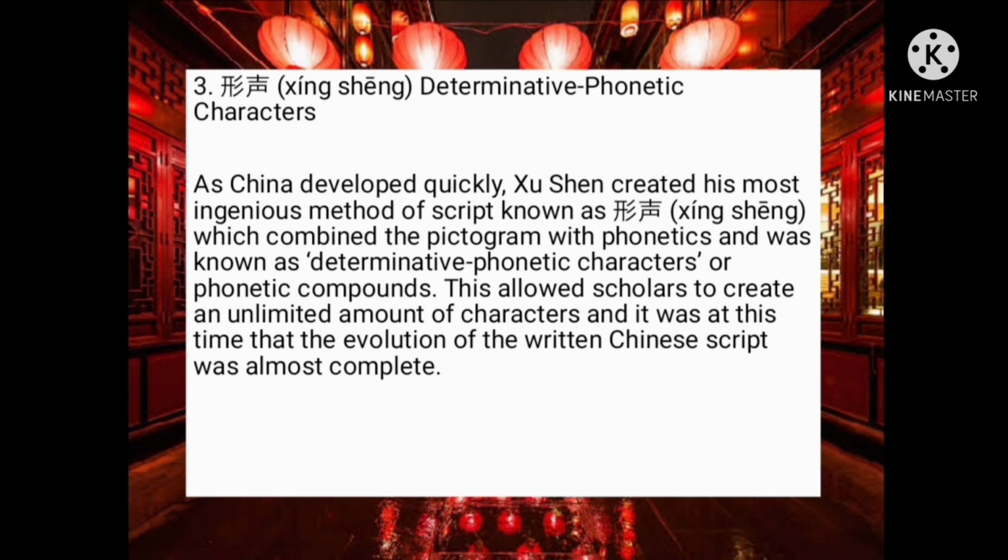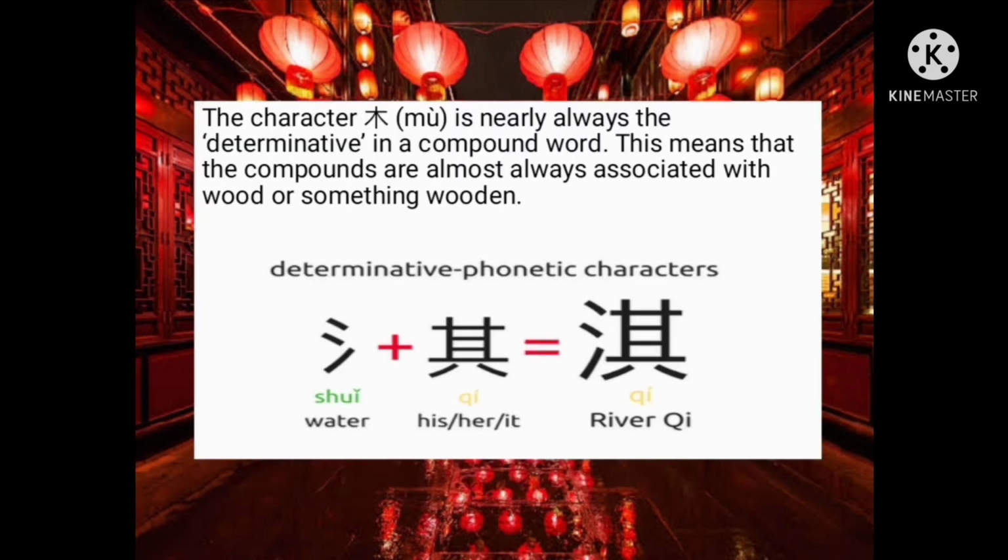This allowed scholars to create an unlimited number of characters, and it was at this time that the evolution of the written Chinese script was almost complete. The character Mu is nearly always determinative in a compound word. This means that the compounds are almost always associated with wood or something wooden.